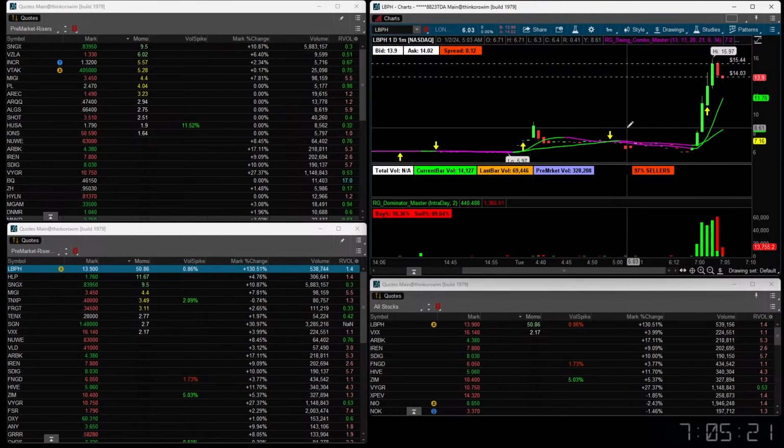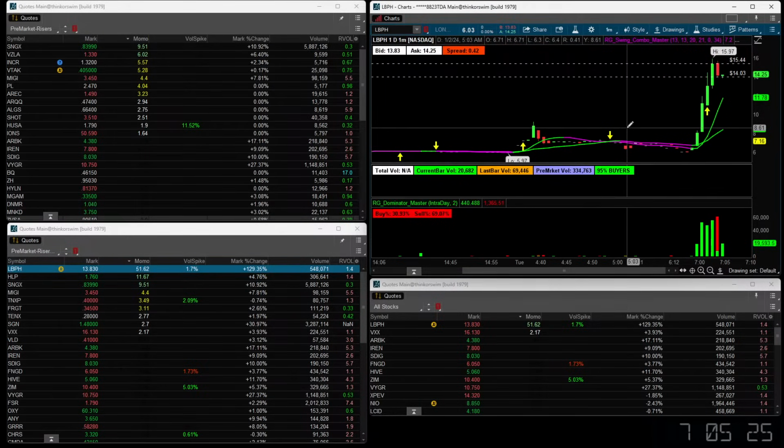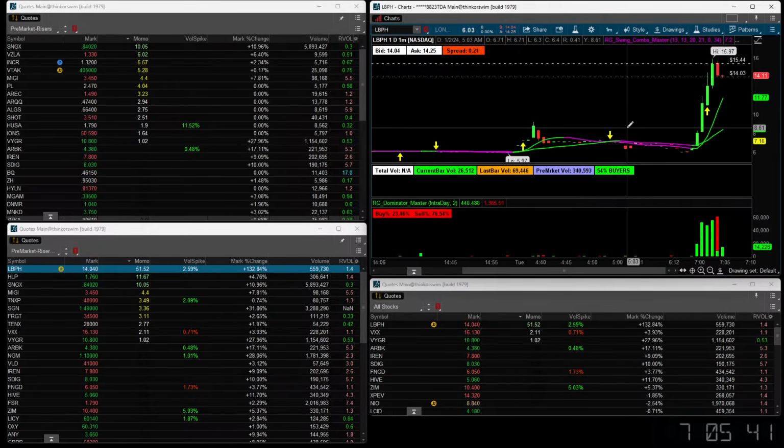Looks like volume is slowing down. Let's see if we get the pullback play back up to 15.44.